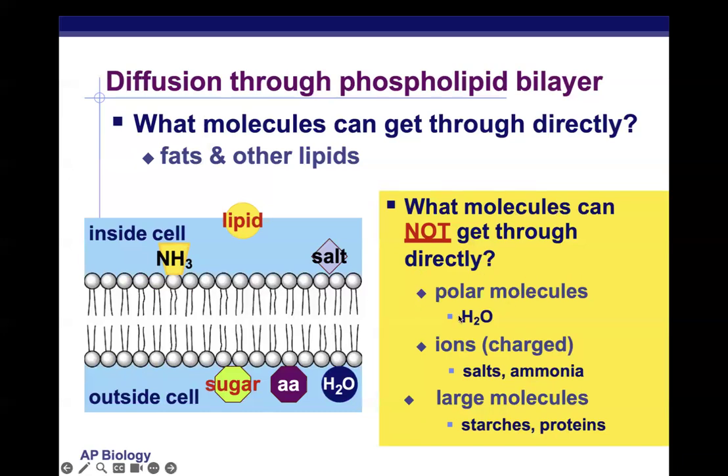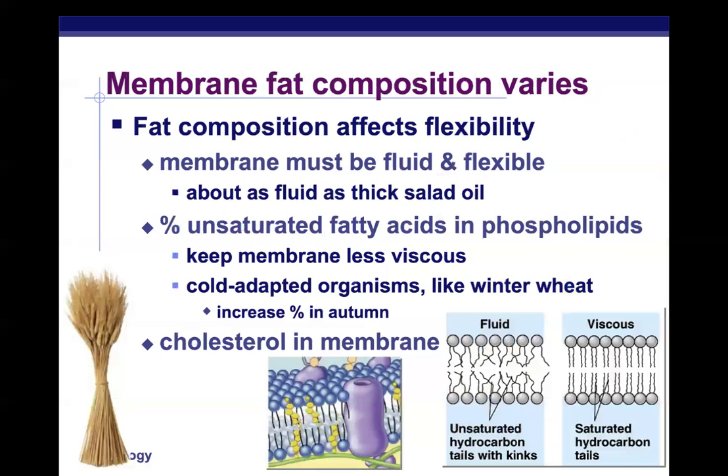Even water has a hard time getting through. That's why the cell membrane has to have, in some places where water needs to get through relatively easily, these channels called aquaporins. Ions can't get through, and large molecules, even if they're nonpolar, can't get through very easily.